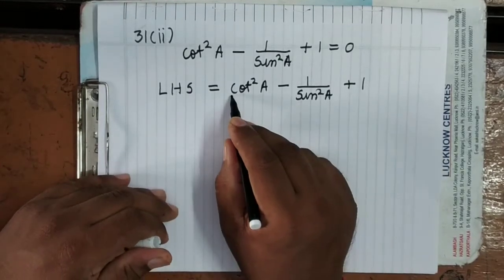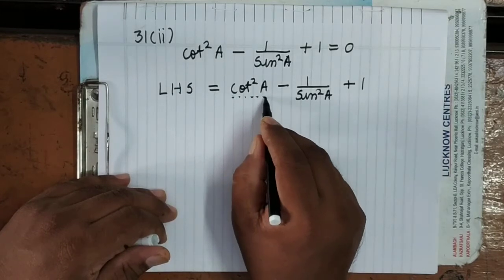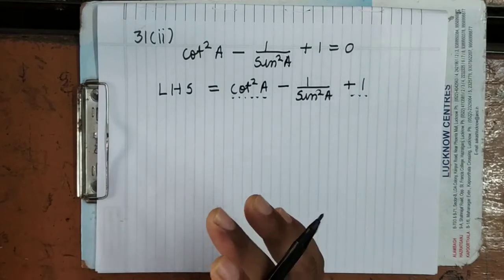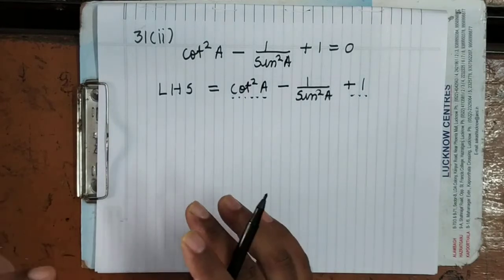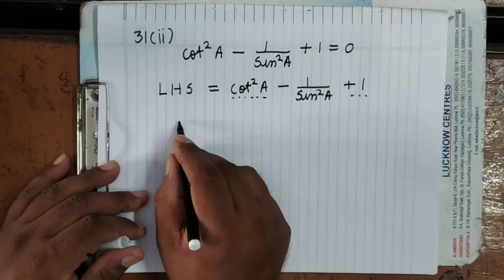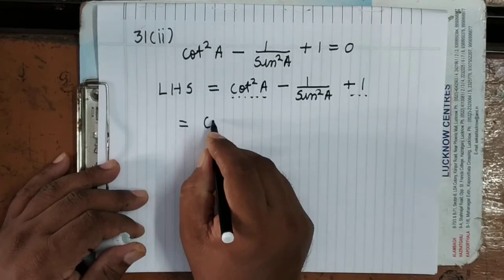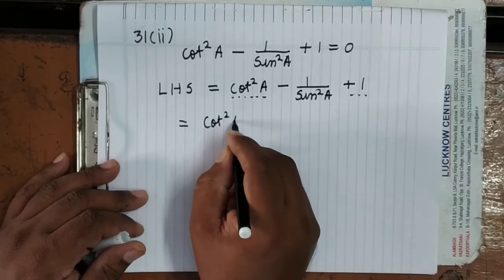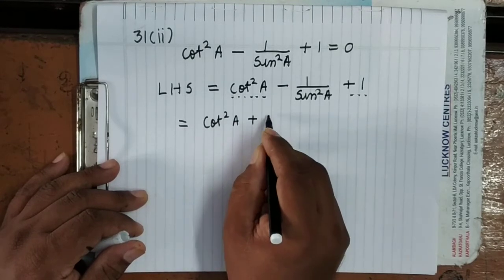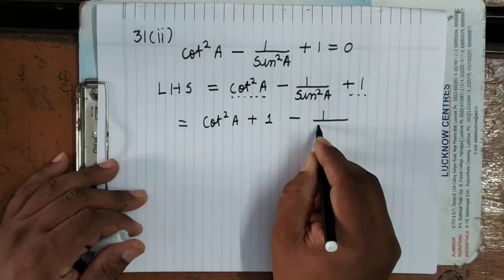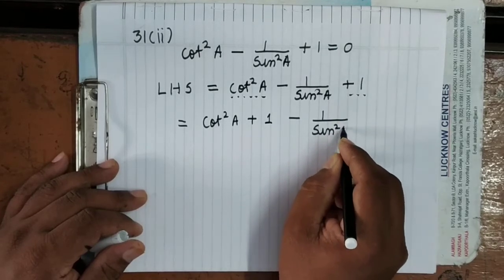So you write these two terms together, because as you know that if there are few terms which are added or subtracted, then we can change their places. So it will be cot square A, and according to our convenience, we will change the place, 1 upon sin square A.